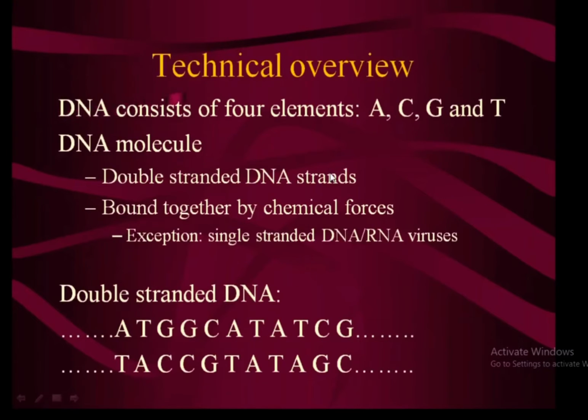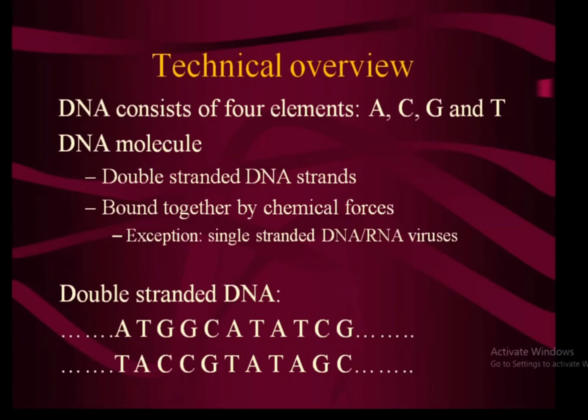Now, technical overview. DNA consists of 4 bases: A stands for adenine, C is cytosine, G is guanine, and T is thymine. In case of RNA, another base is incorporated, that is uracil, but in DNA, in place of uracil, there is thymine.